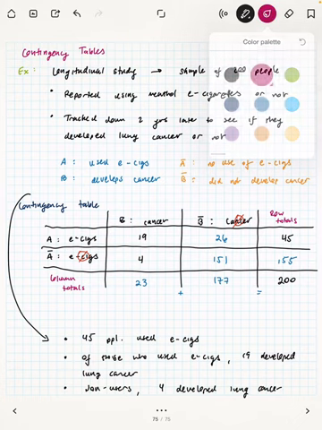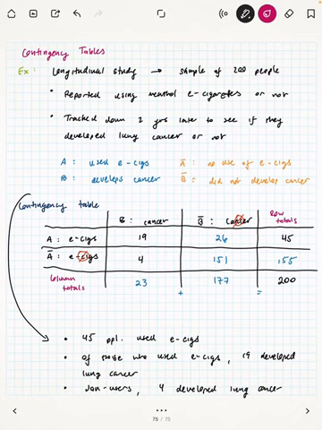Namely, we now know how many people are in A intersect B, in A bar intersect B, in A intersect B bar, and in A bar intersect B bar. So intersection happens when we're looking at an individual cell, right? Union, on the other hand, is looking at a combination of rows or columns.